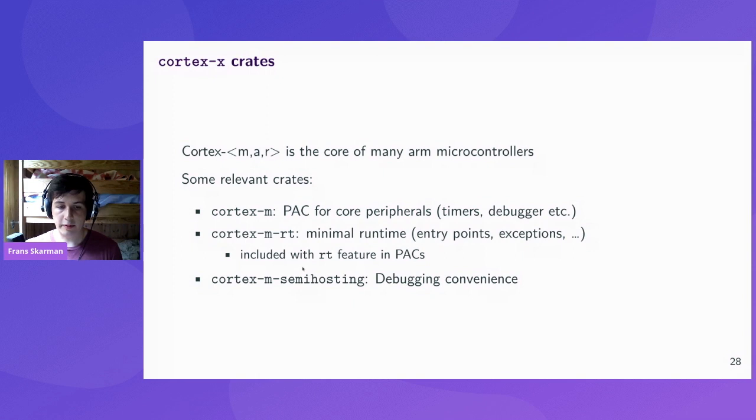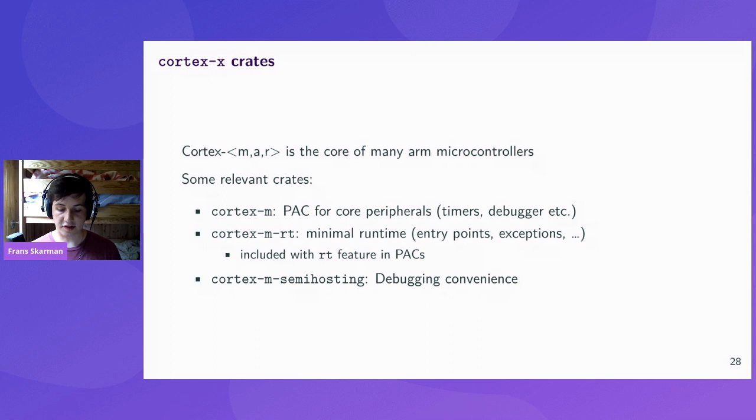And finally, you will probably come across some crates with the postfix semihosting. There's Cortex-M semihosting and Panic semihosting, and maybe a few others. And they provide conveniences for working with debuggers. So typically, in the way I worked with them, you would program your devices using this debugger like this or similar.